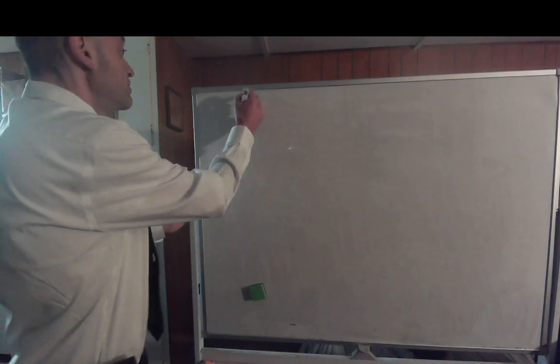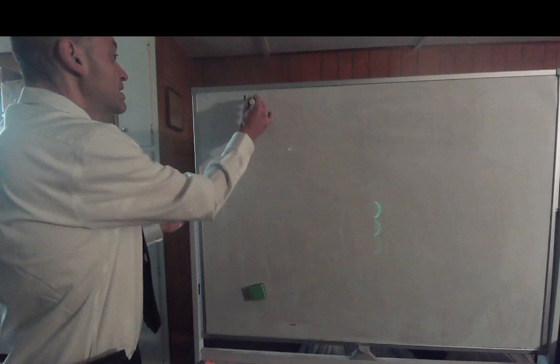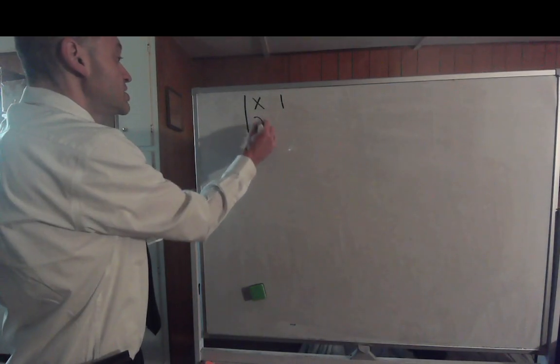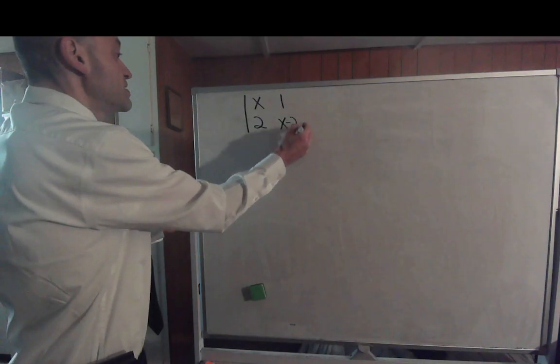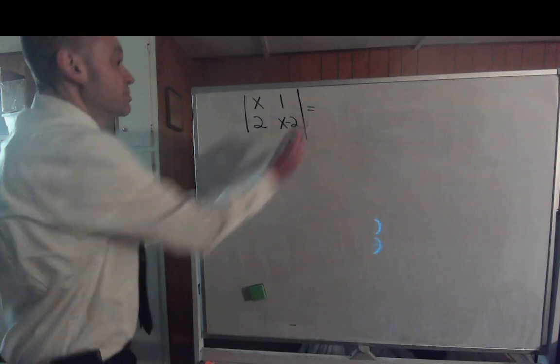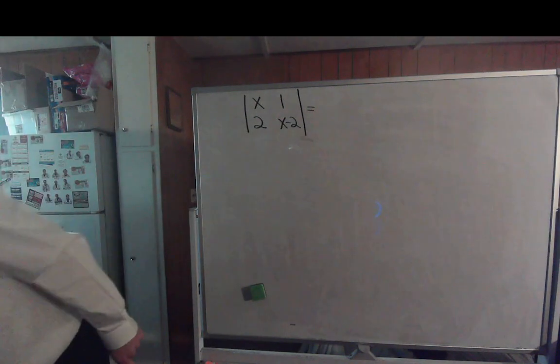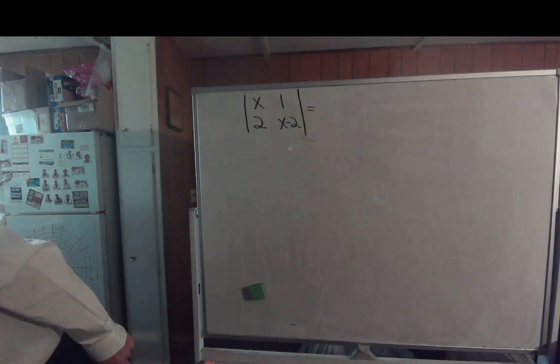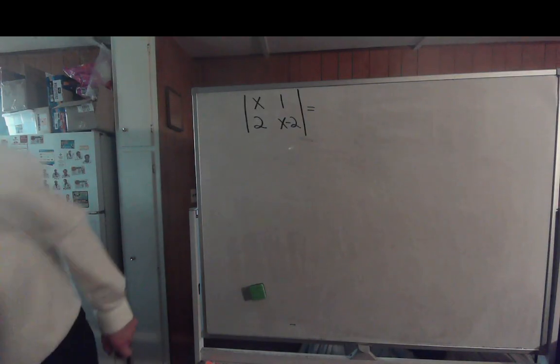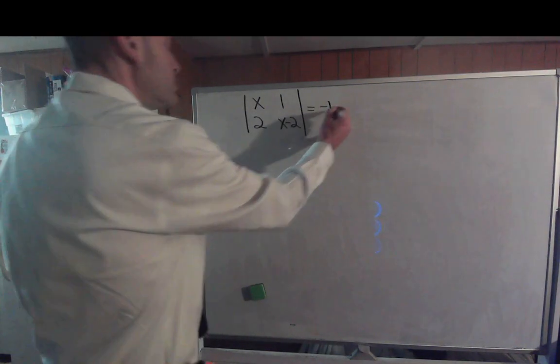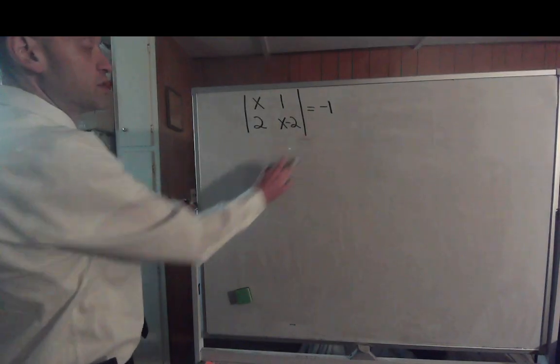We have x, 1, 2, x minus 2. The determinant of those equals negative 1. So let's go ahead and do our determinant.